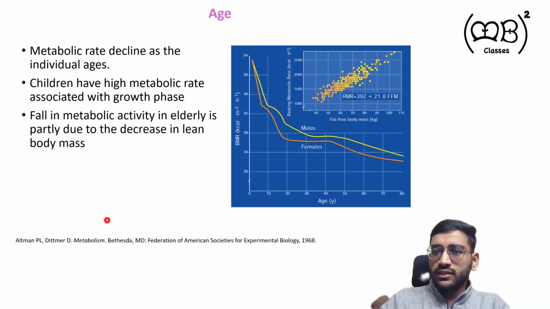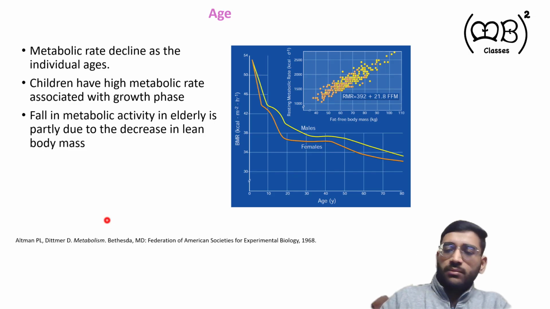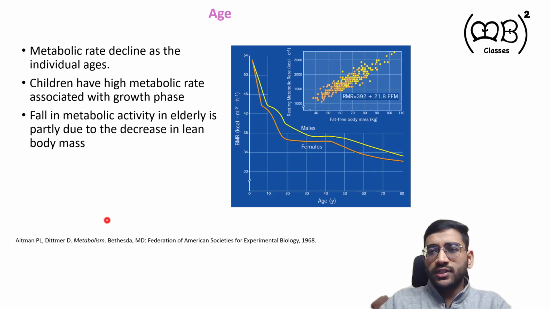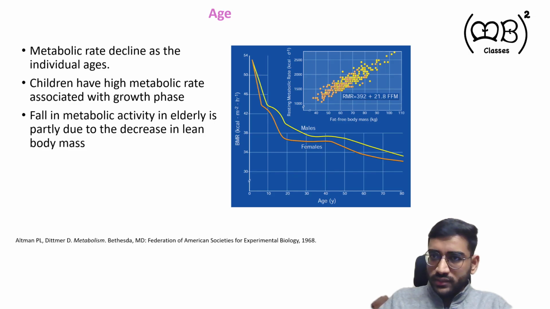So, first, dealing with age, metabolic rate declines as the individual ages. BMR and RMR should not be used interchangeably, but we understand the differences, so I will maybe be using them interchangeably in the further slides. The BMR falls.